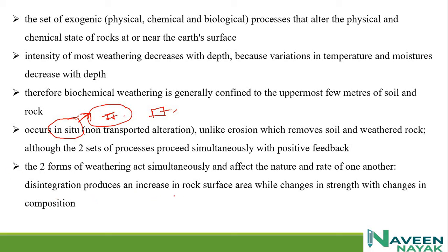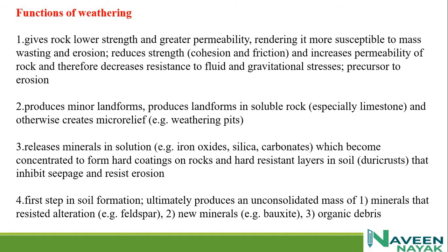Disintegration produces an increase in rock surface area, while changes in strength come with changes in composition. There are three types of weathering: physical, chemical, and biological. Let's see what are the functions of weathering.